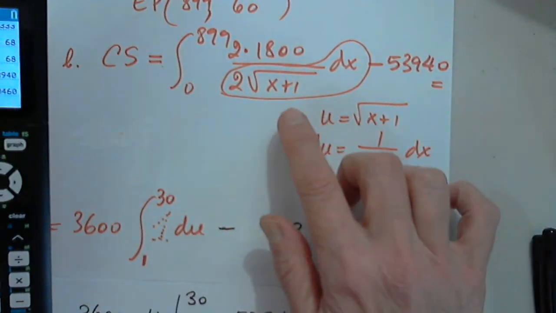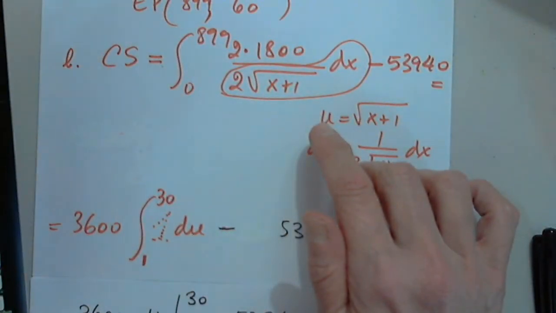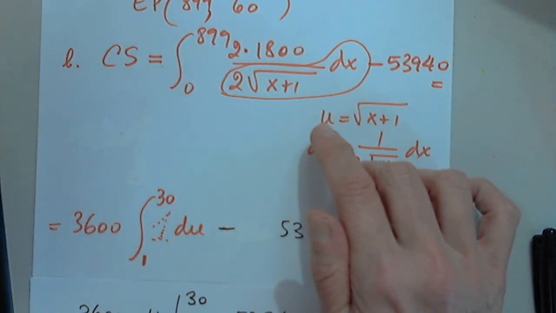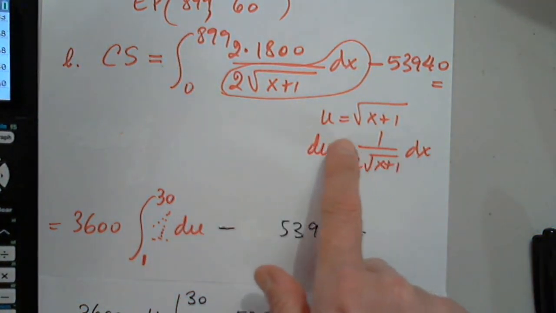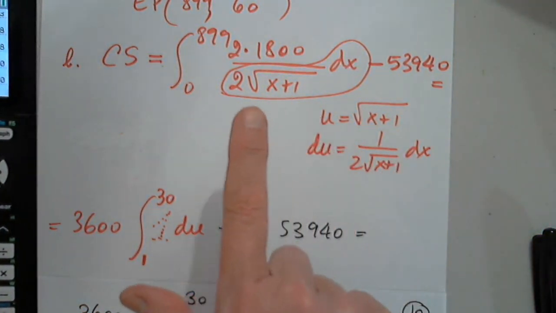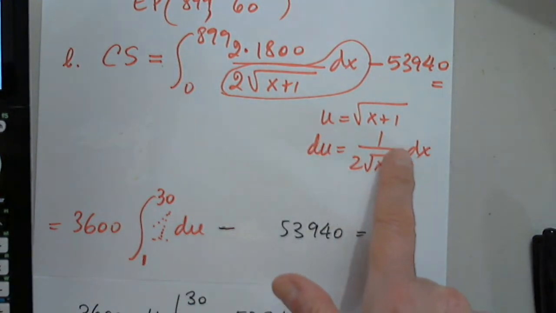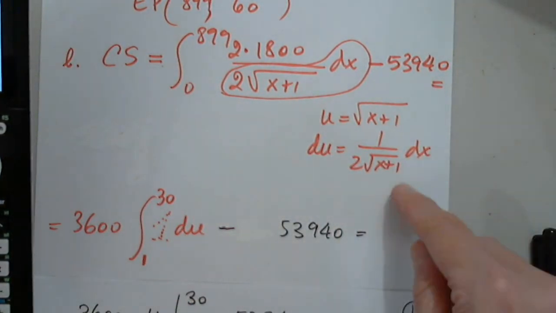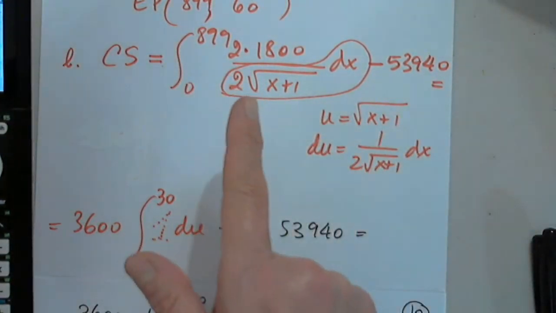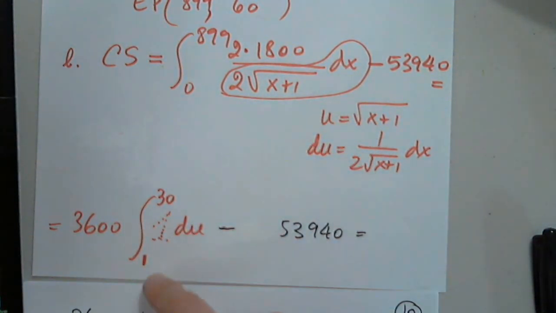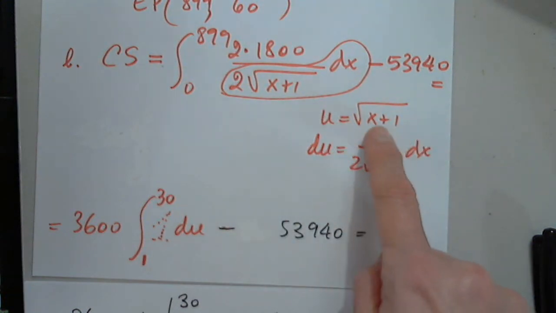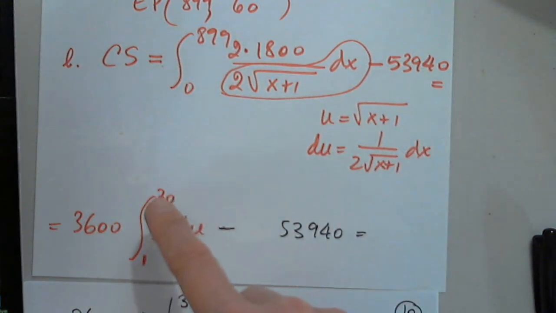Let me go back and check my numbers here. Just making sure. So we took the square root, 1 over 2 the square root of the inner function, prime is 1 times dx. The 2, 3600, outside. When x is 0, this is 1. When x is 899, it's 30.